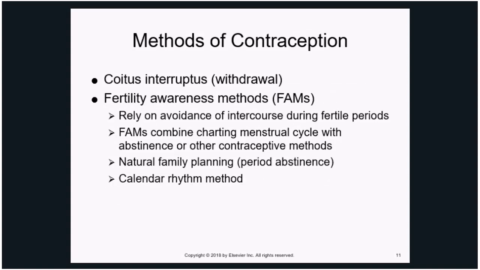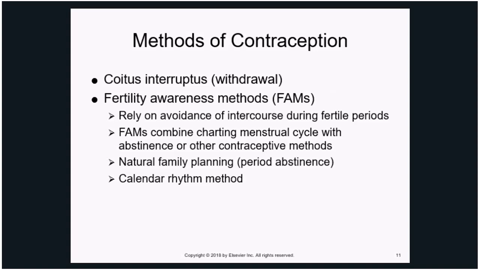Methods of contraception that don't necessarily work include coitus interruptus, which is withdrawal prior to ejaculation. Fertility awareness methods rely on avoidance of intercourse during fertile periods. They combine charting menstrual cycles with abstinence and other contraceptive methods.